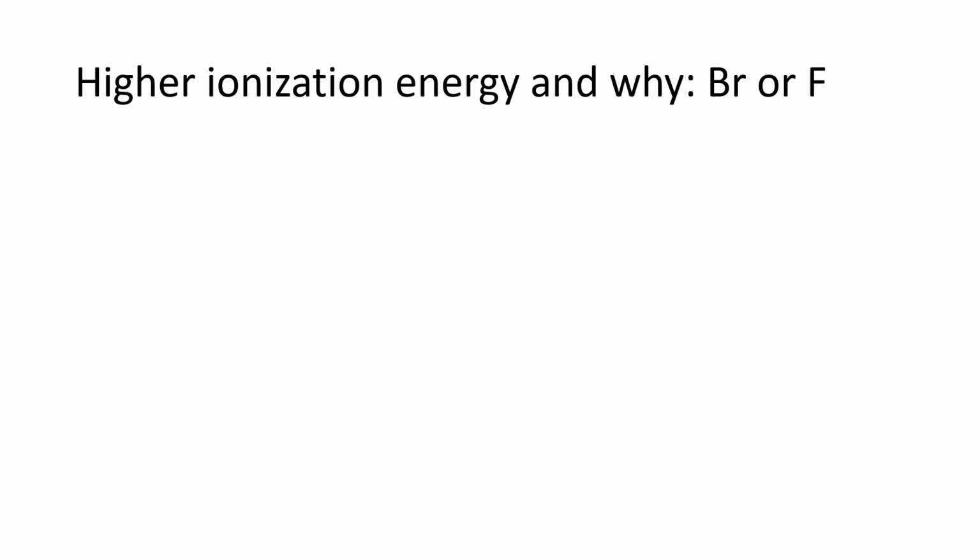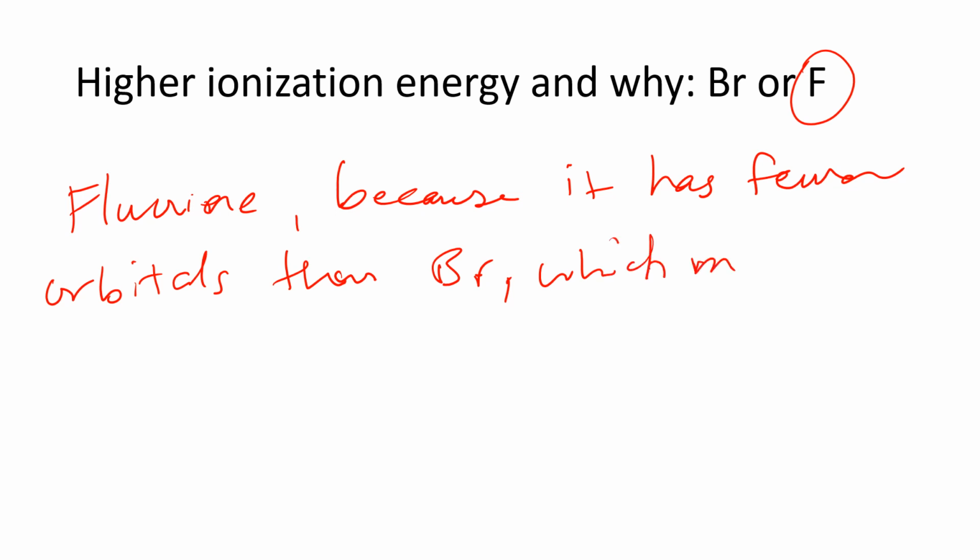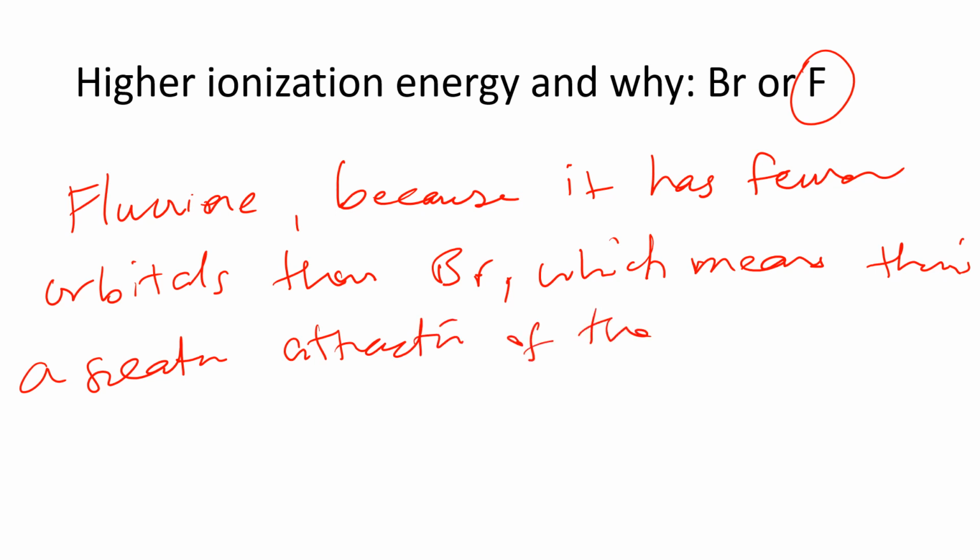Fluorine will have the higher ionization energy because it has fewer orbitals than bromine, which means there's a greater attraction of the valence shell to the nucleus.